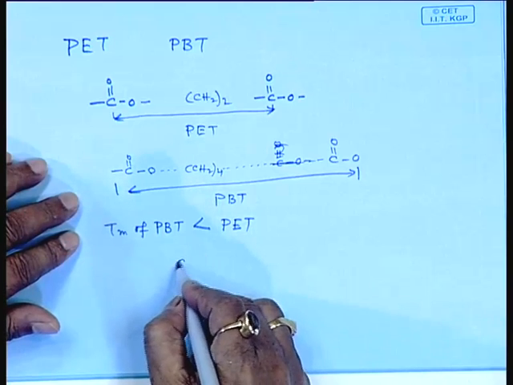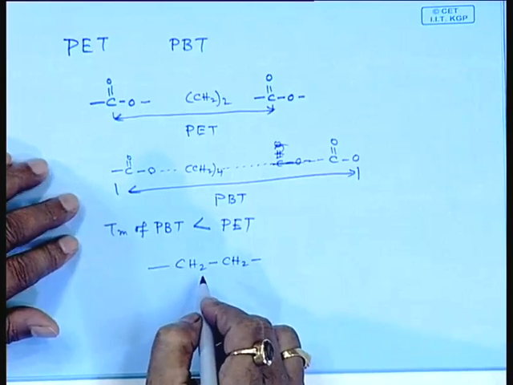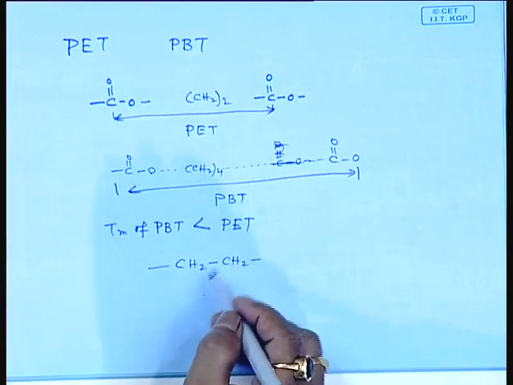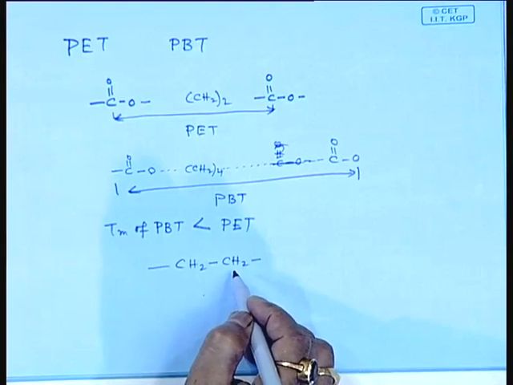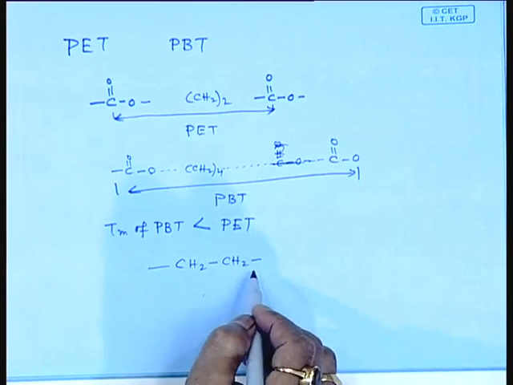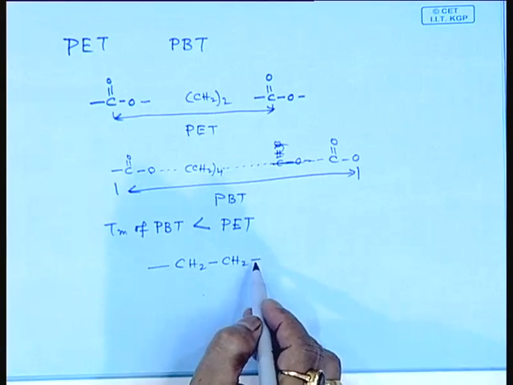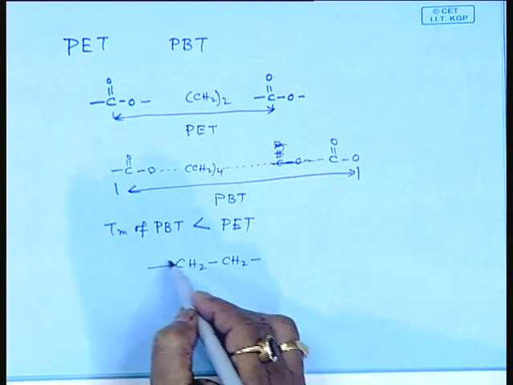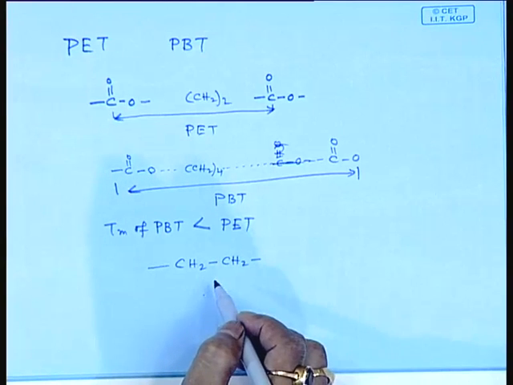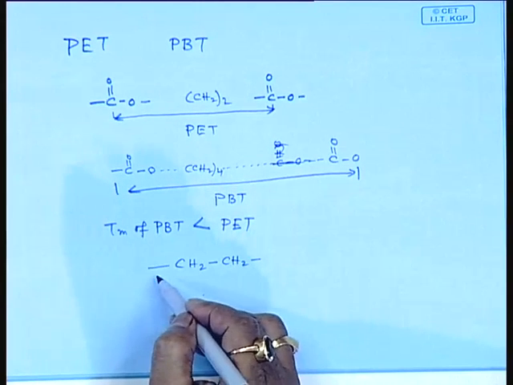Similarly, simply polyethylene, here it is also flexible, and this flexibility is related to its glass transition. I will discuss what glass transition is later. So, polyethylene is flexible, but its flexibility is a little restricted due to close packing of the linear chain molecules because of the size of the hydrogens attached to carbon.